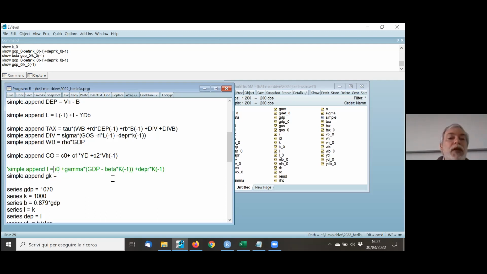So starting from here, what we would do is to divide everything by the opening stock of capital. So forgetting about I0, this would look like something like gamma times GDP over K minus 1 minus beta plus the depreciation rate.